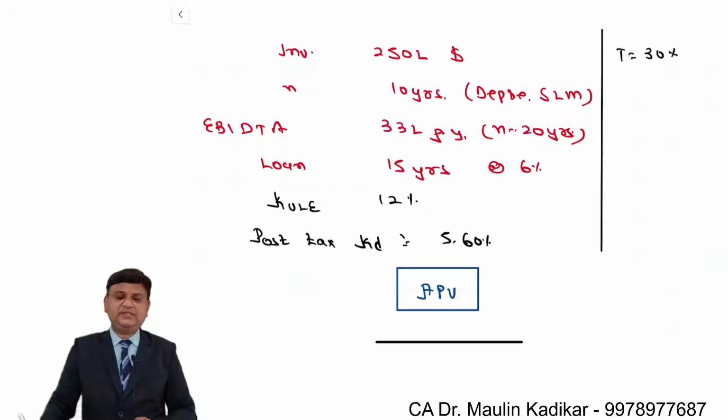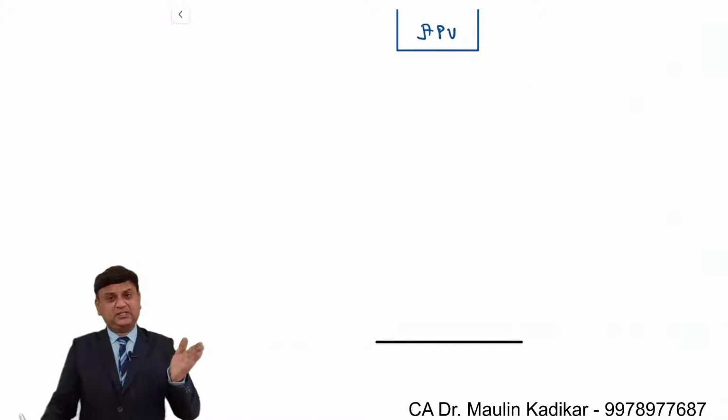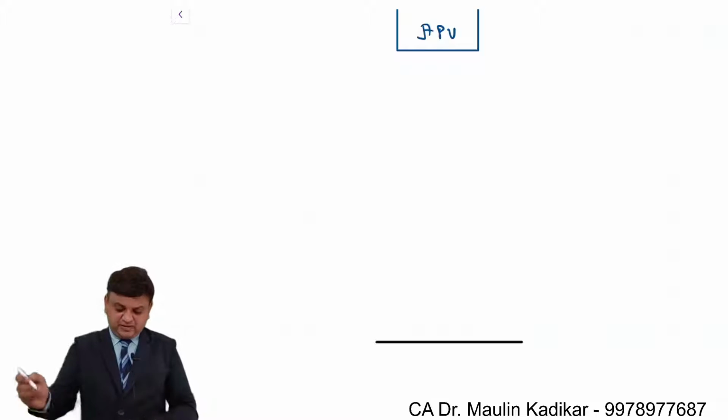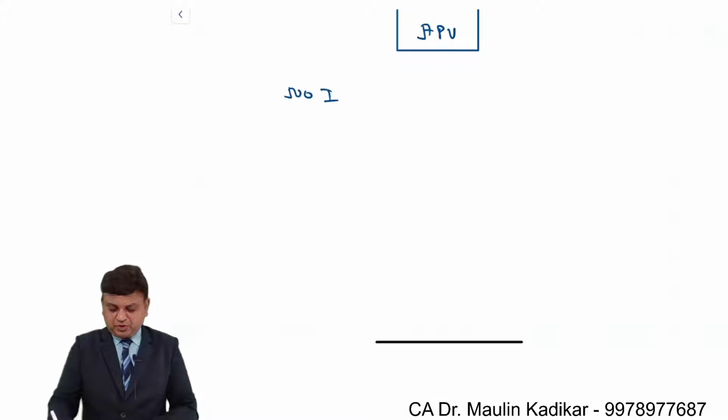Basically friends, we have studied a capital structure theory at our intermediate level, given a name as the net operating income approach, NOI approach, or Modigliani-Miller approach.